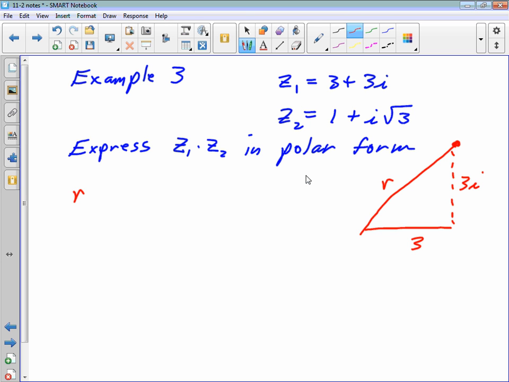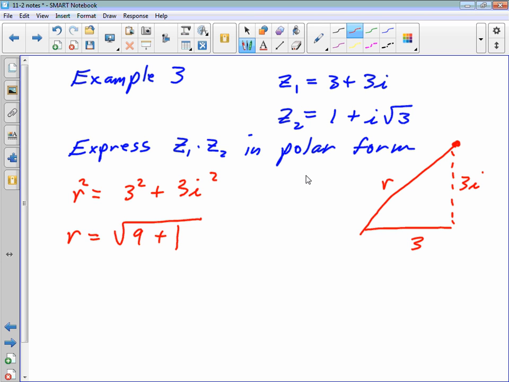So we could say r squared equals 3 squared plus 3i squared. And then we can say r equals the square root of 9 plus... Now I know what you're thinking. You're thinking, well, 3i squared is negative 9. But in this case, you need to take the absolute value.